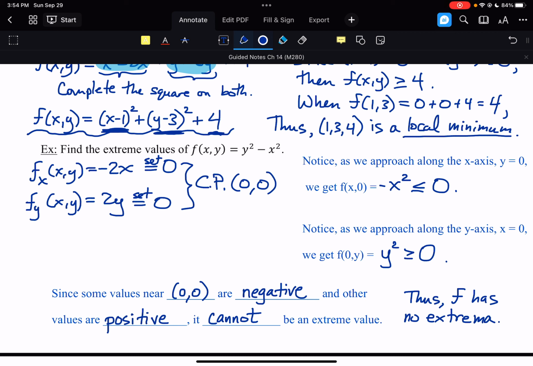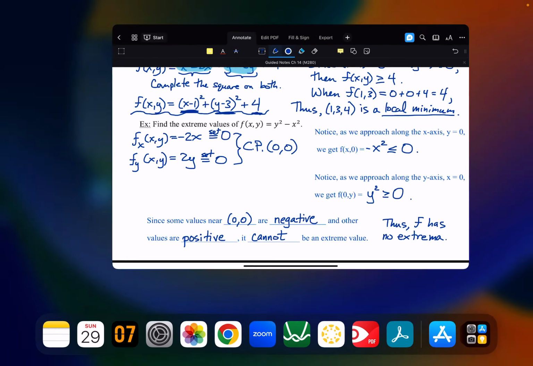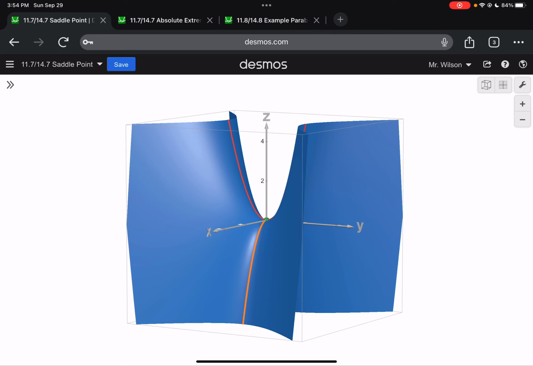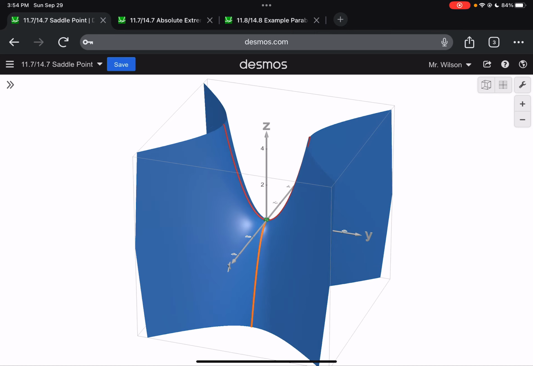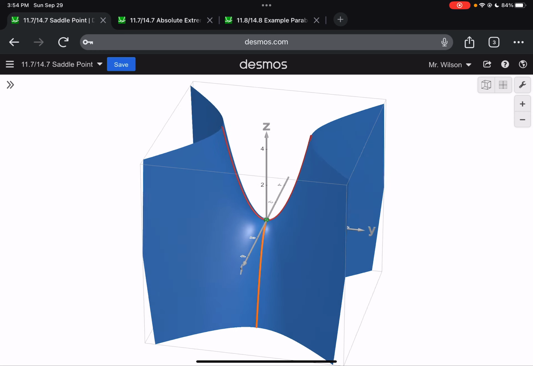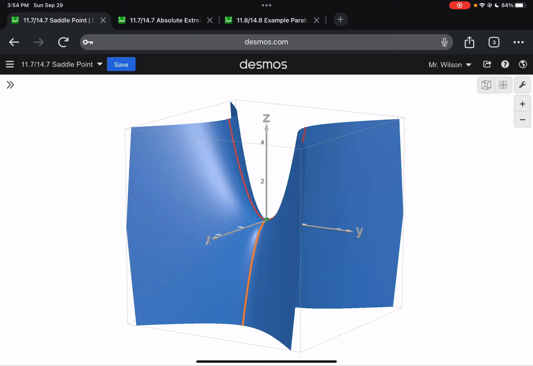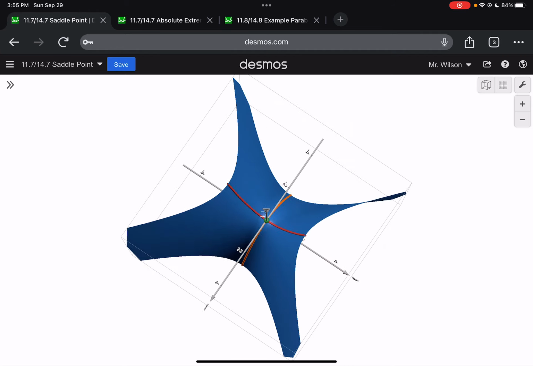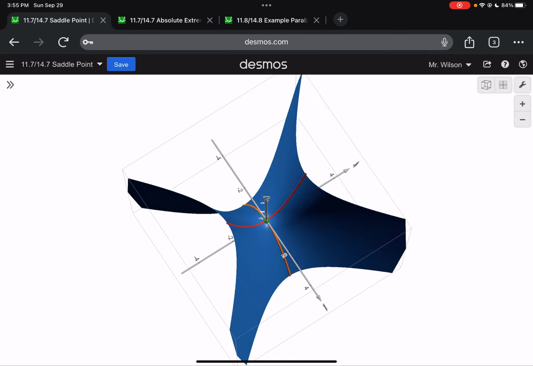Now, I want to go ahead and pull up a graph of the function. I want us to look at it. So you can see here, I've got the point (0, 0) in green there at the origin. And when we look along the x-axis, so that's down here, you can see the orange curve.